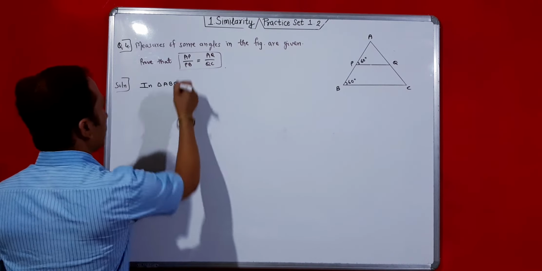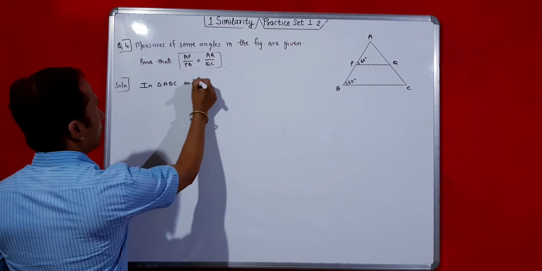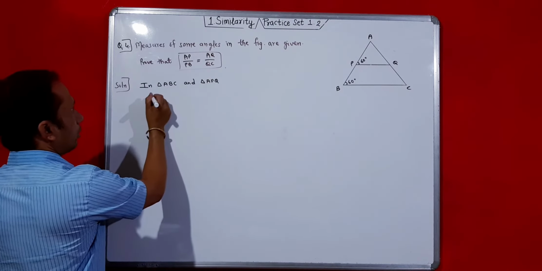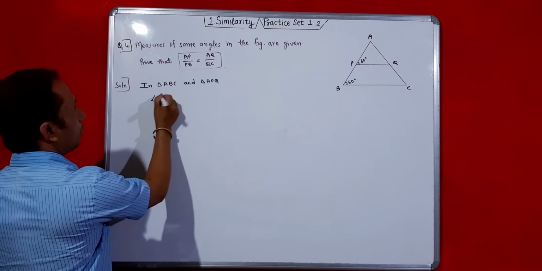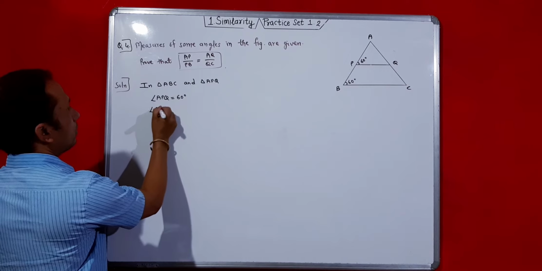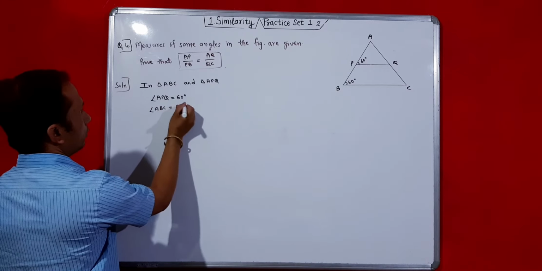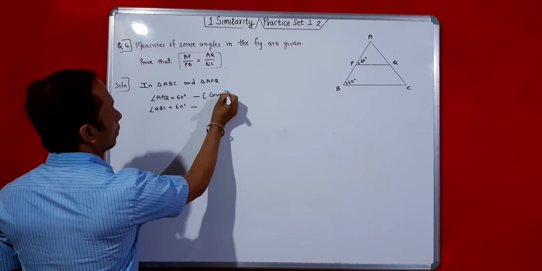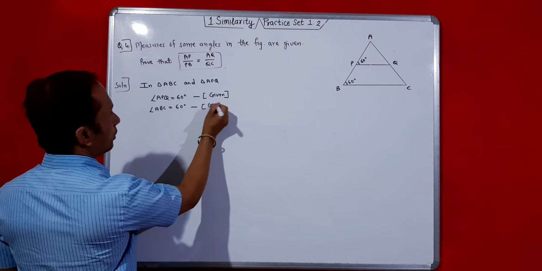In triangle ABC and triangle APQ, I will write angle APQ is equal to 60 degrees, angle ABC is equal to 60 degrees. Both are given.